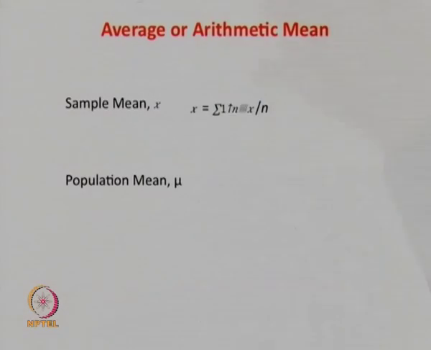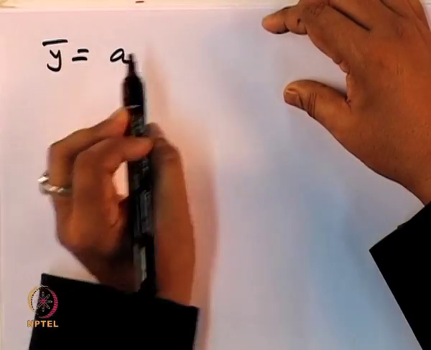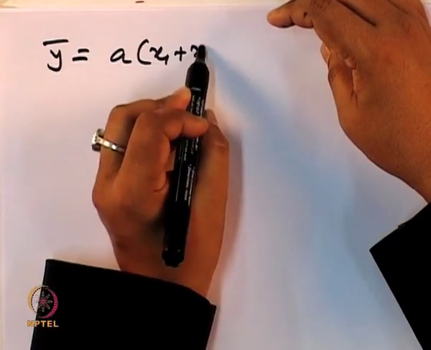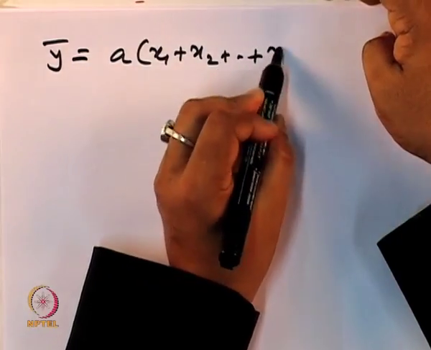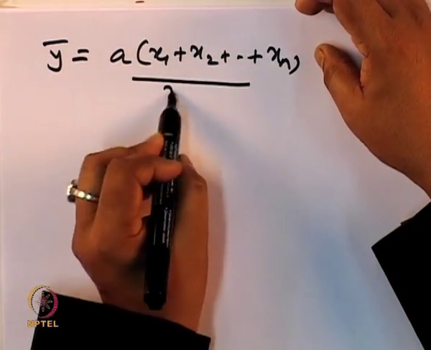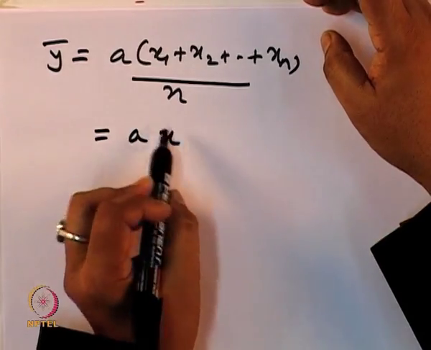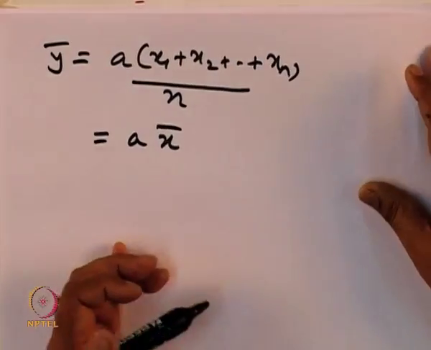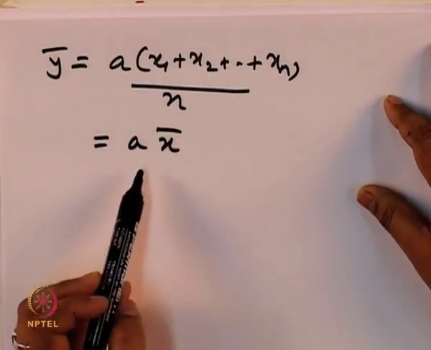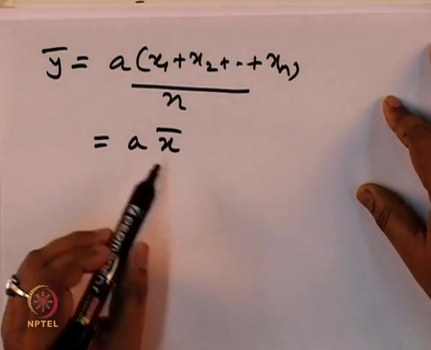Okay. So, let me write it in a new page. My y bar is nothing but a times x1 plus x2 up to xn by n, which is nothing but x bar, right. So, x1 plus x2 up to xn by n is x bar. So, y bar is nothing but a x bar.